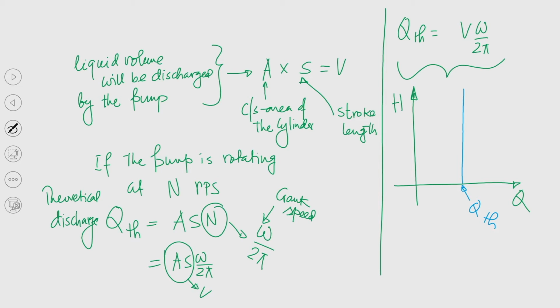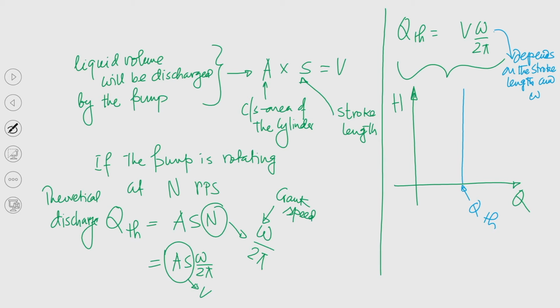Essentially, this quantity depends on the stroke length and omega. So, by tuning these two parameters, that is stroke length, a geometric parameter of the pump, and also the operational parameter, the speed of the crank, which is definitely the speed of the prime mover, we can tune the Q theoretical.